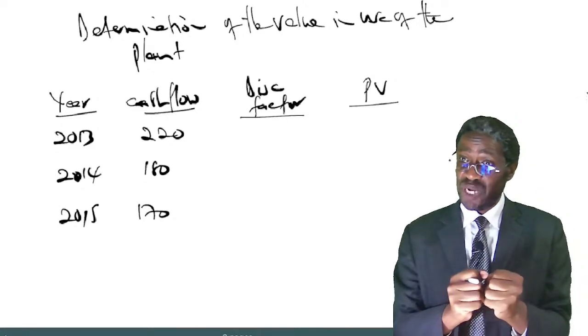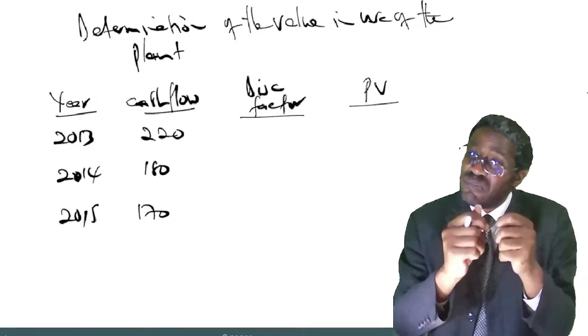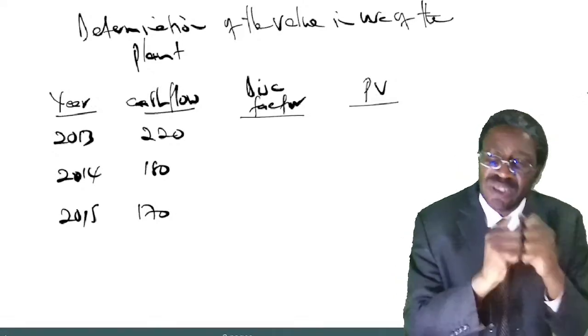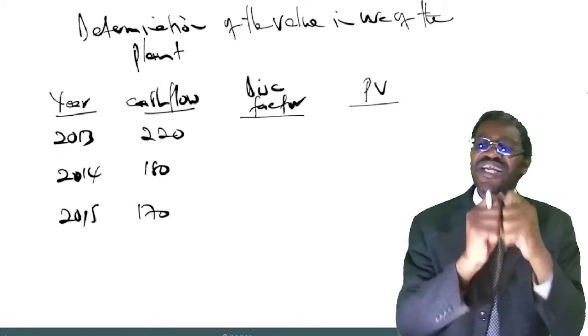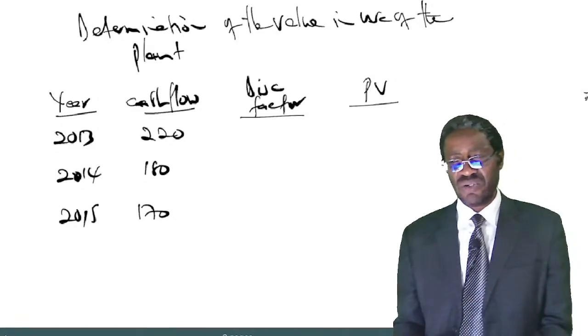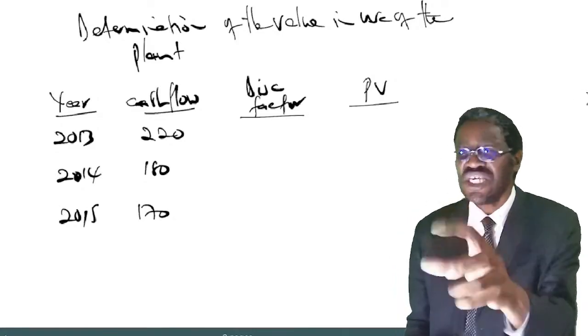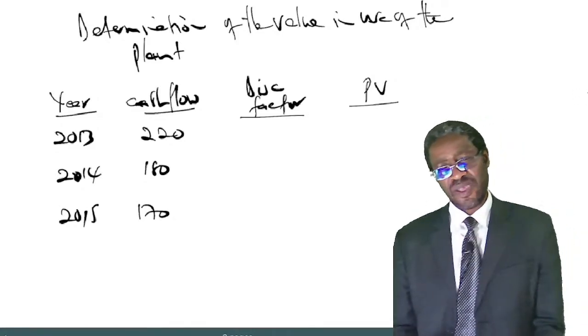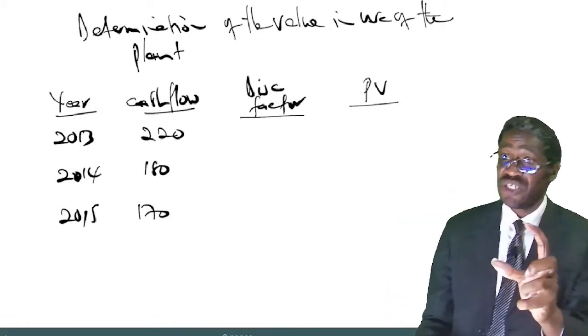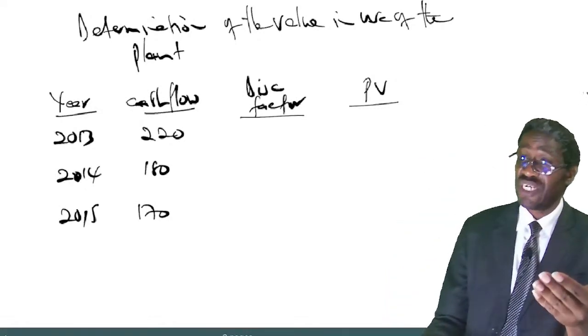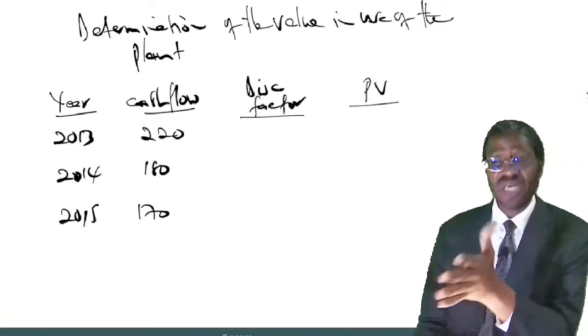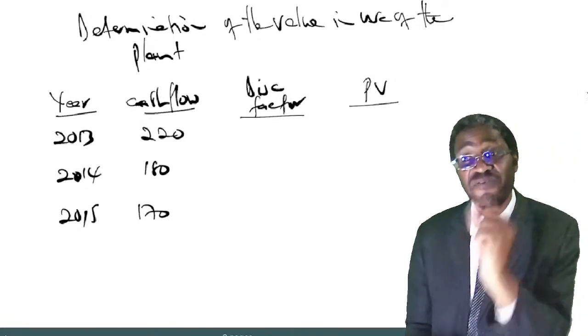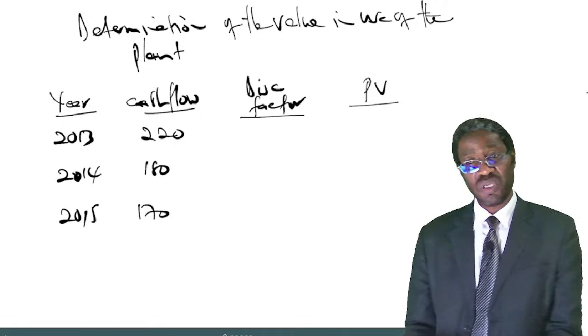from the use of the plant, that same plant will be sold for its net realizable value, which is its residual value. So yes, you will generate 170 from the machine, but at the end of the year, it will be sold for another 50. That is the residual value.